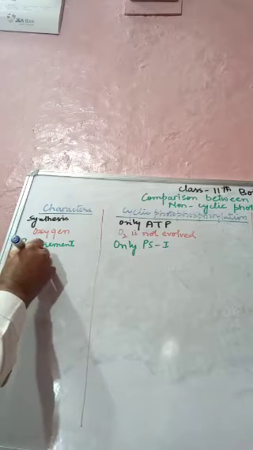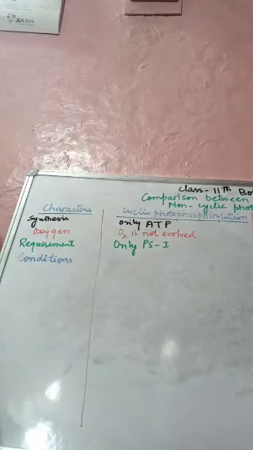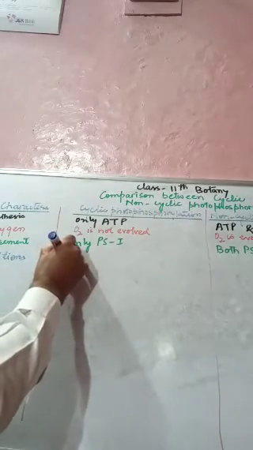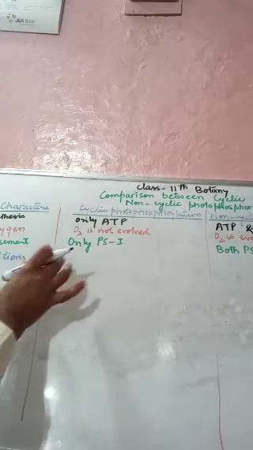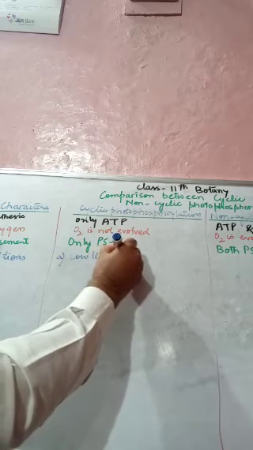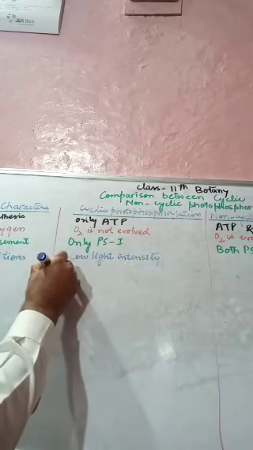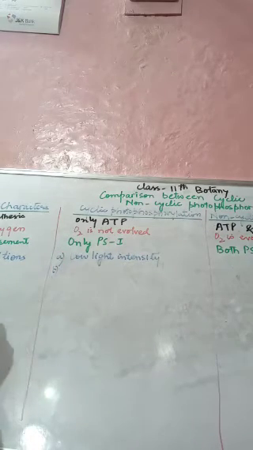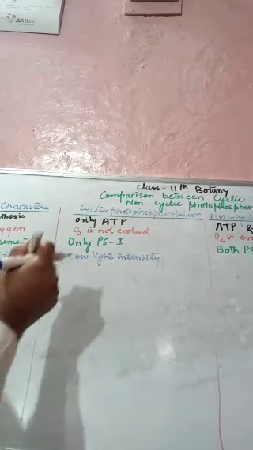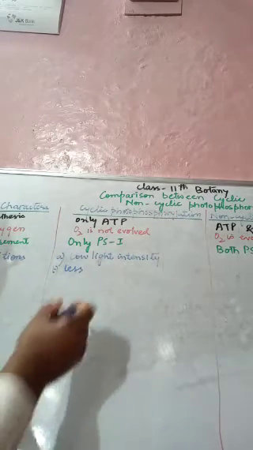Fourth, if we talk about conditions, we will see the conditions are many. In cyclic photophosphorylation, first is low light intensity. Second, less availability of carbon dioxide.